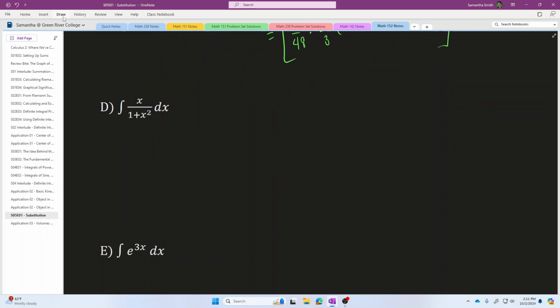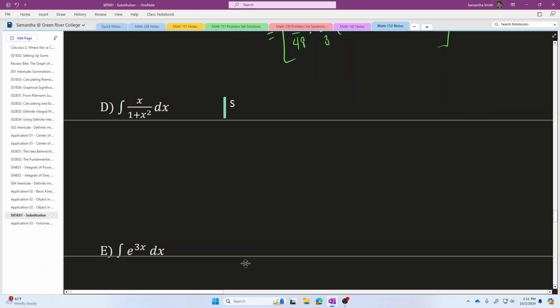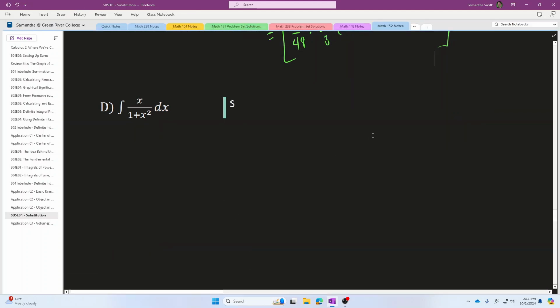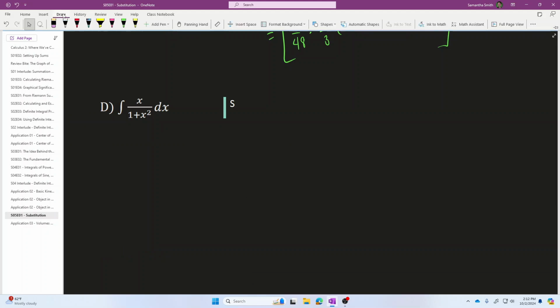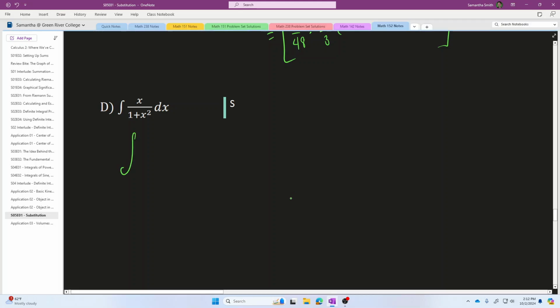So another example. Here I am asked to calculate the integral of x divided by 1 plus x squared. So first of all, where is the product? Where is the sign that method of substitution would be useful in this case? To see the product, I'm going to go ahead and rewrite this fraction slightly.